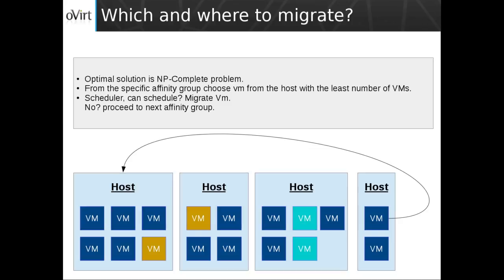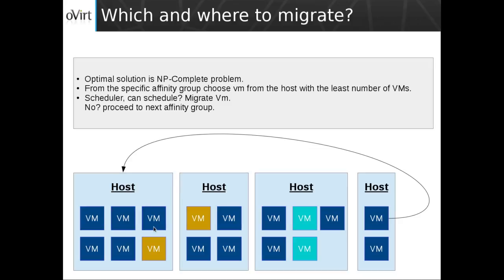So here in the bottom side of the screen you can see a small example. Here in blue you got one affinity group, the yellow is another affinity group, and you got the light blue affinity group. So let's say we decided that we want to enforce the blue affinity group first. In that case, the host that has the most VMs from the blue affinity group is the host right here on the left, which has 5 VMs.